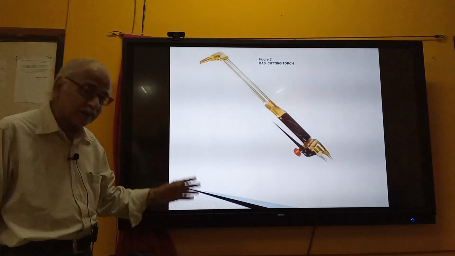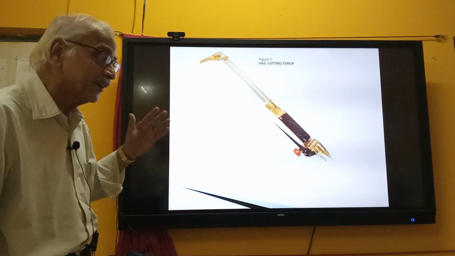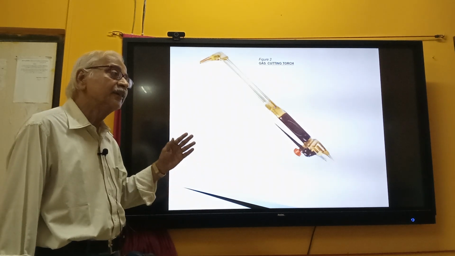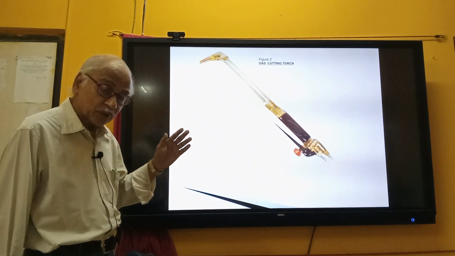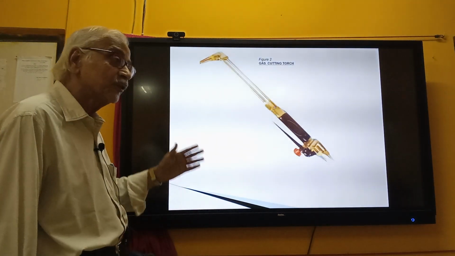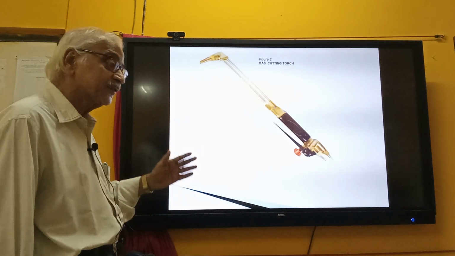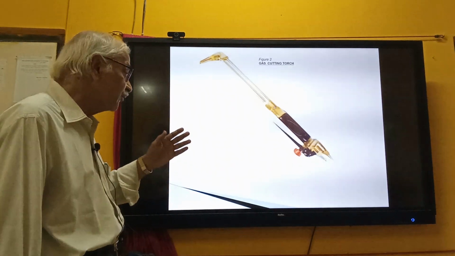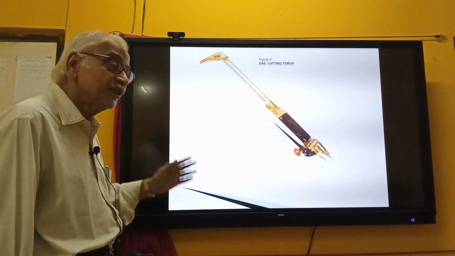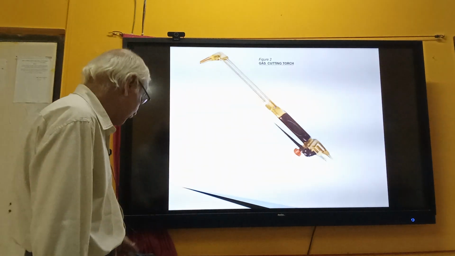Because please remember that gas cutting is cutting by oxidation. It is cutting by oxidation and by no other process, not by heating only. So for the oxidation, you require extra oxygen. In welding we try to avoid oxygen, and in cutting we use more oxygen for cutting.